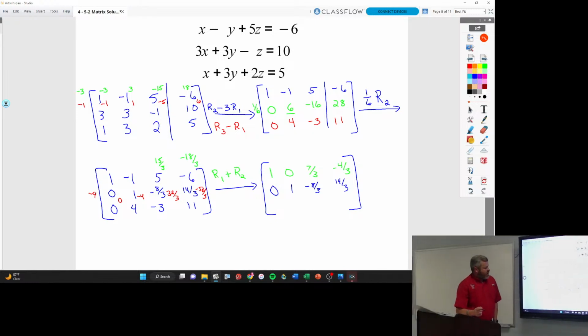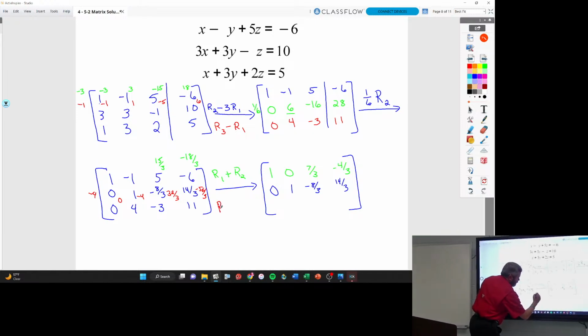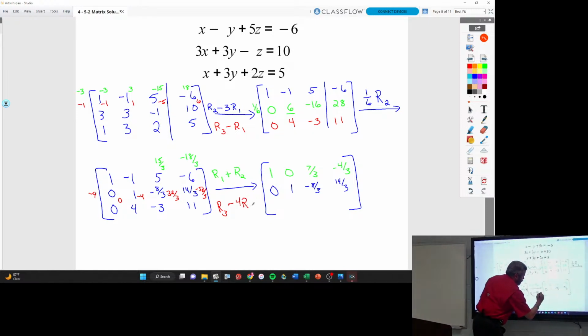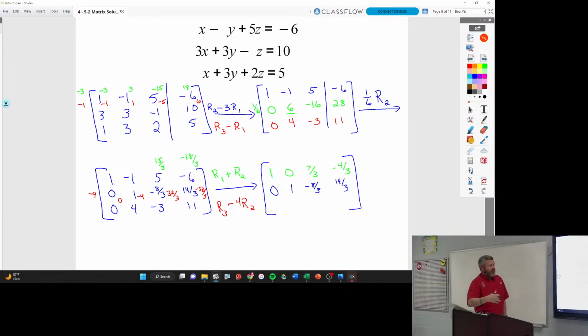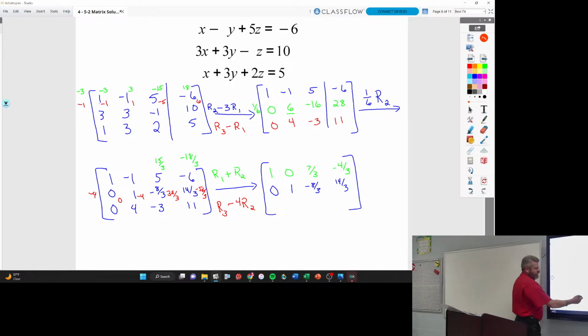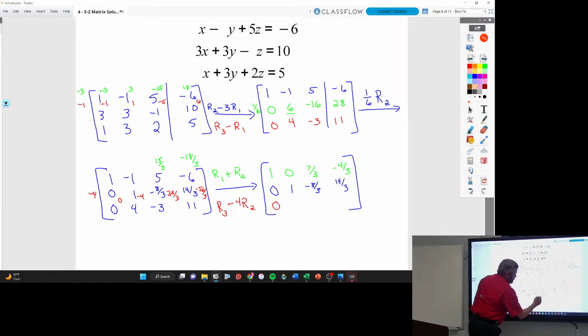So now, to get rid of the 4 in row 3, I'm going to take row 3 and subtract 4 row 2's, or add negative 4 times row 2, same thing. Okay, so combining row 3 with my red row 2, 0 and 0 is 0.